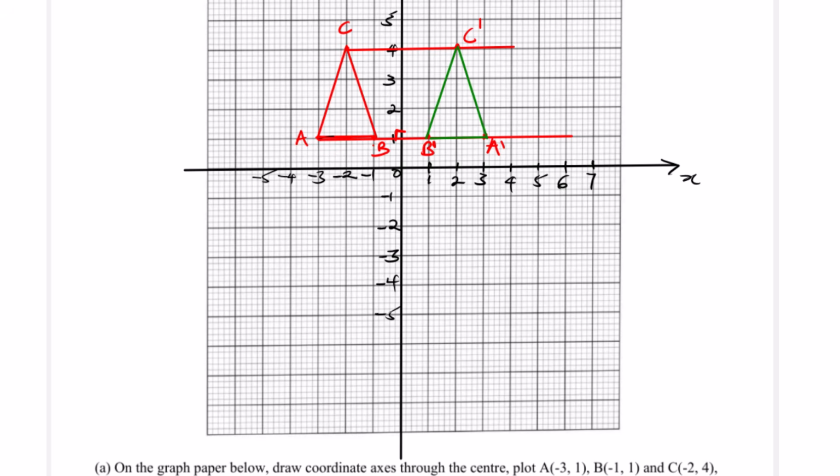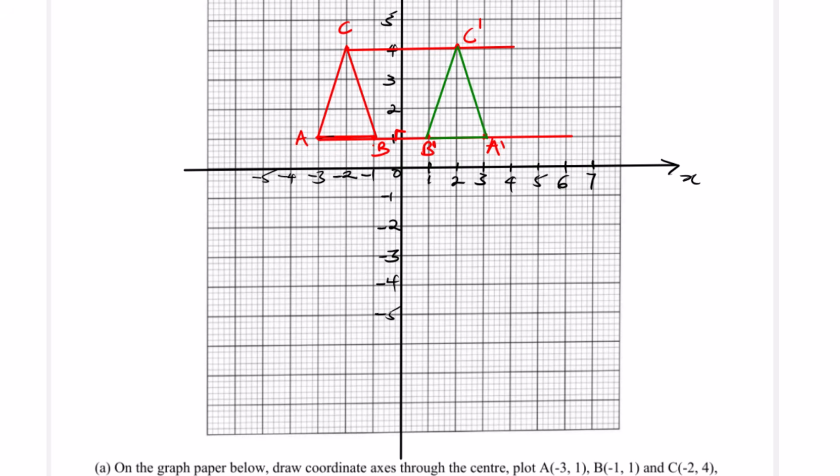And then C prime is 2, 4. Just like that. So those are the coordinates, and that is how you're supposed to solve that.